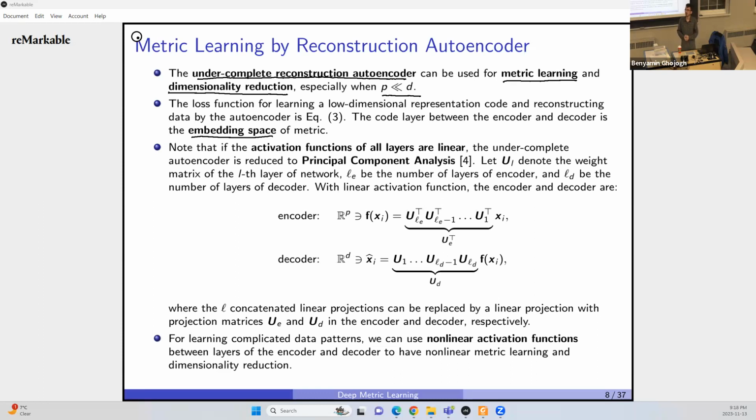For example, the reconstruction autoencoder's loss is, for example, mean squared error, right? But I can add some other losses as a regularization term, for example, separation of classes in the embedding space.